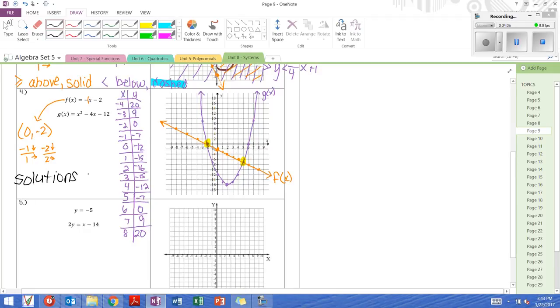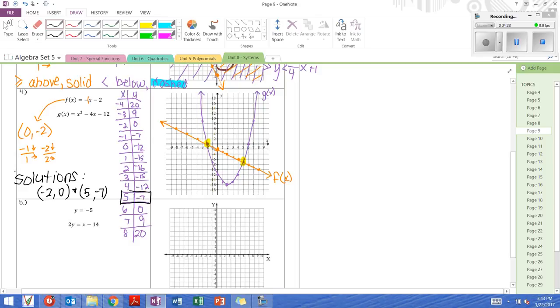In this case, it's solutions because there's 2 points. And this happens at the point (-2, 0). And this one is a little bit trickier to see, but we do have this point of (5, -7) plotted on the line. And as you can also see, it's in the table of values below.